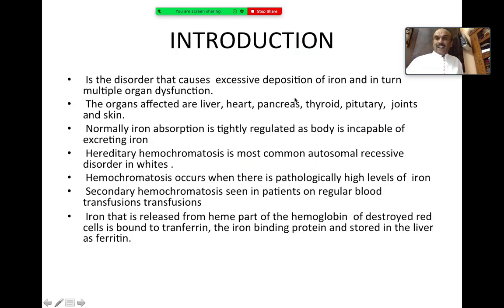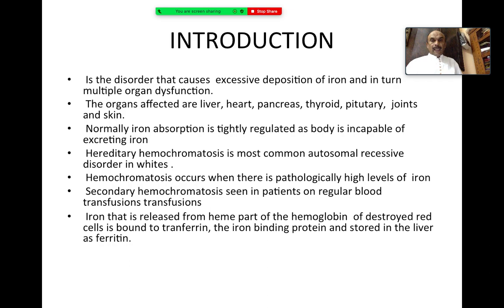Well, hemochromatosis is the disorder that causes excessive deposition of iron and in turn results in multiple organ dysfunction. The organs commonly affected are the liver, heart, pancreas, thyroid, pituitary, joints, and the skin.